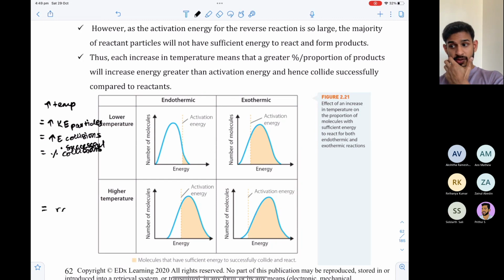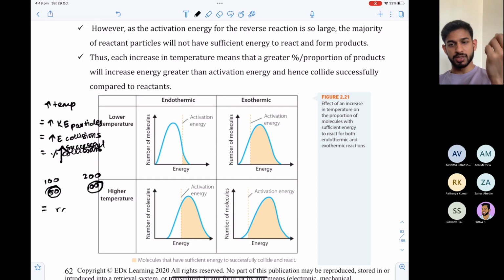Increase. Do you guys agree that does not happen when you increase concentration? When you increase concentration, you're just increasing the number of collisions. So we go from, let's say, 100 collisions per minute to 200 collisions per minute. And if 50% of them are successful, then the number of successful collisions goes from 50 per minute to 100 per minute.